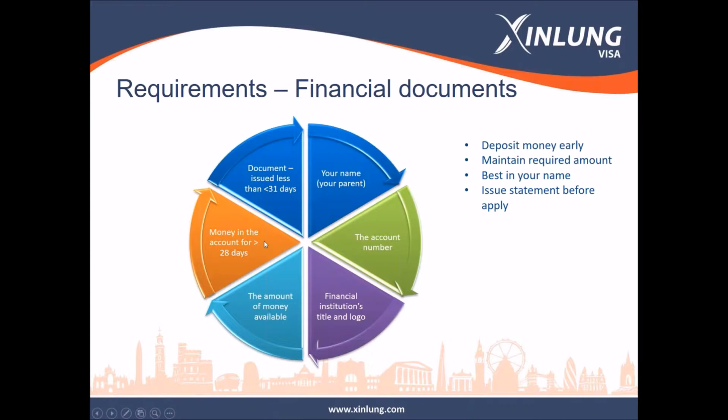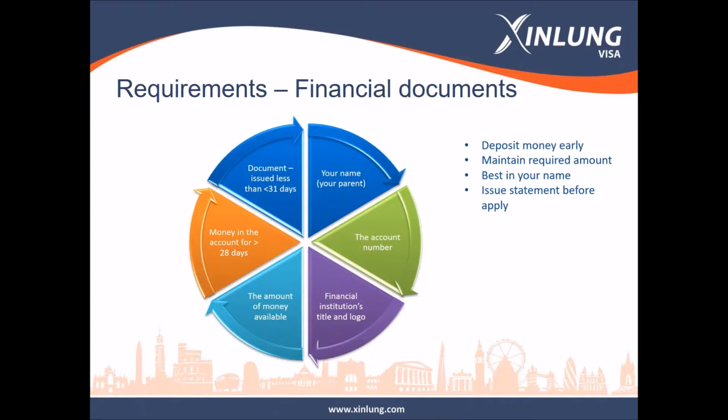Most importantly, this money needs to be shown for the last 28 days. We need to have the right amount to cover a 28-day period, and on each day of this period we need to have the required amount. So money cannot go below the required amount during these 28 days. This is very important.